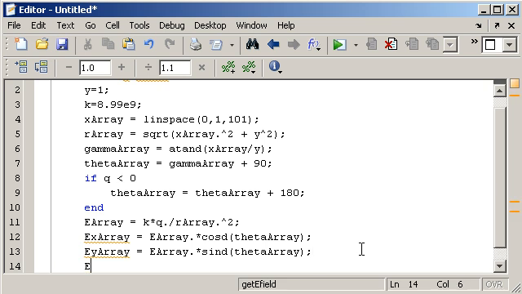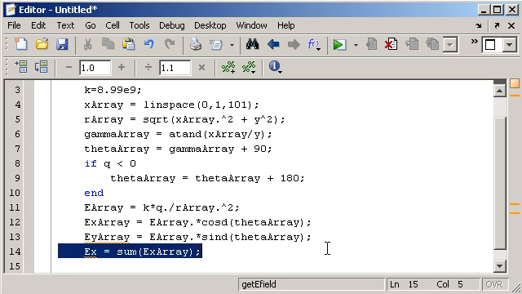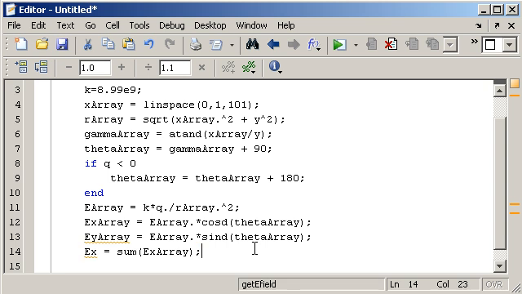So EX, the total, is equal to sum of EX array and EY is the sum of EY array.